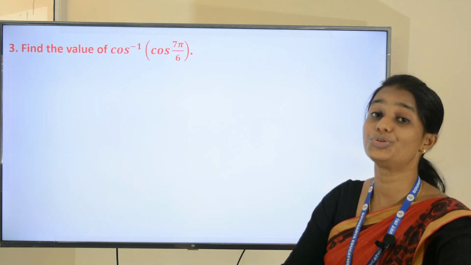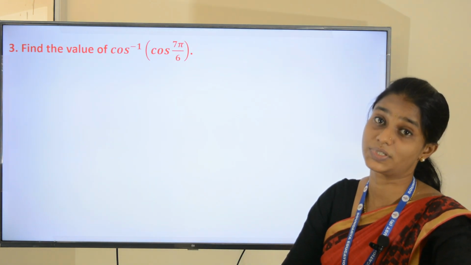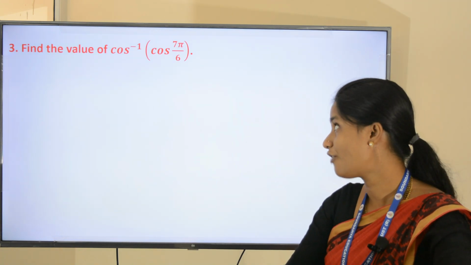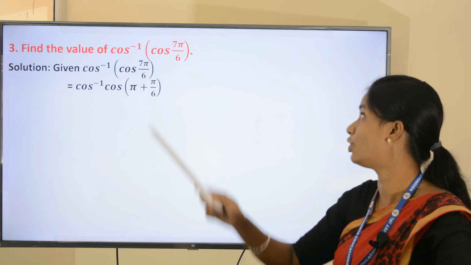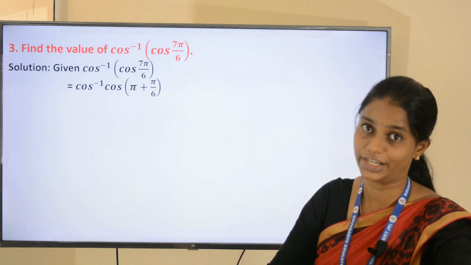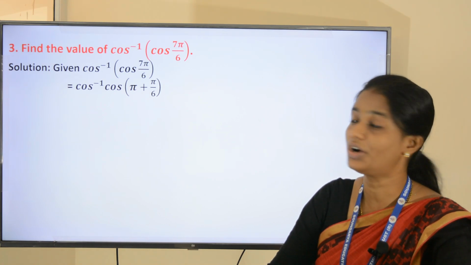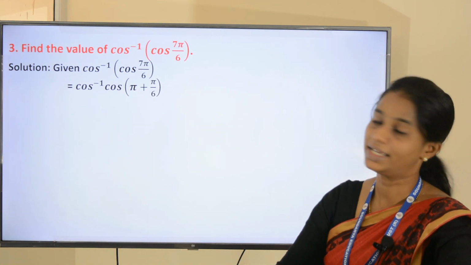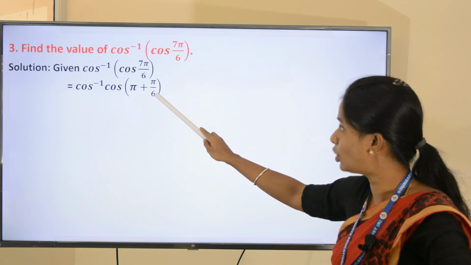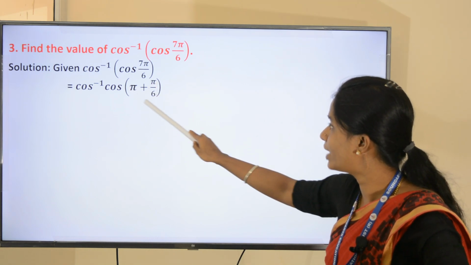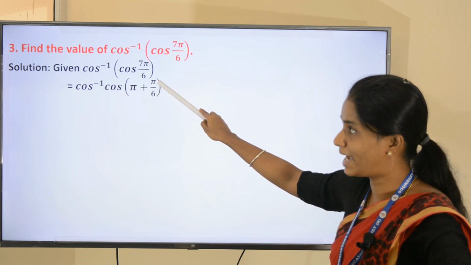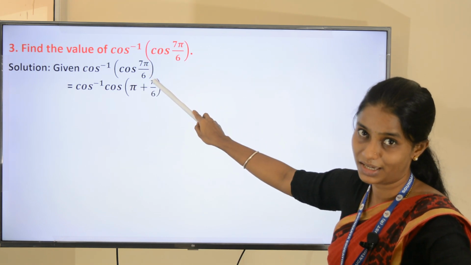Therefore, we have to use some steps based on inverse trigonometric functions and trigonometry. How can we write, students? Please observe, 210 degree clearly lies in the third quadrant. How can I write 7 pi by 6 in the third quadrant? That is pi plus pi by 6. If you take the LCM, students, 6 is the LCM, then 6 pi plus pi will be 7 pi by 6.